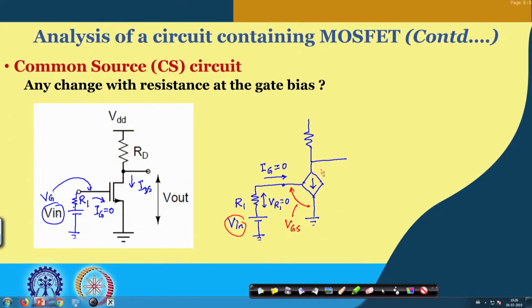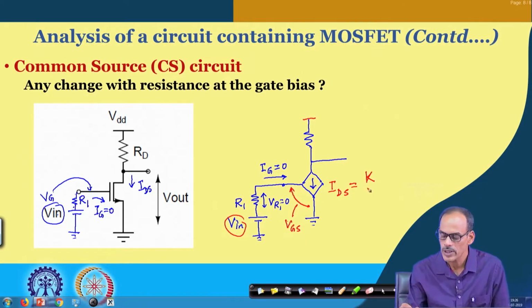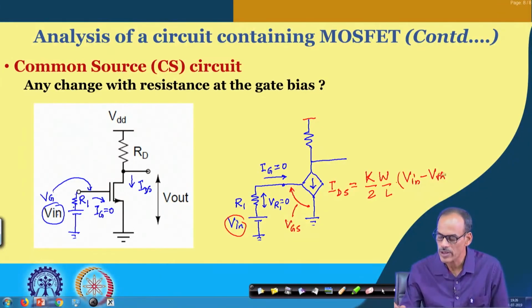As a result, whatever IDS equation we are using, we can directly use IDS equals K divided by 2 times W by L times (VGS equal to Vin minus VTH) squared times (1 plus lambda VDS), and all these things.